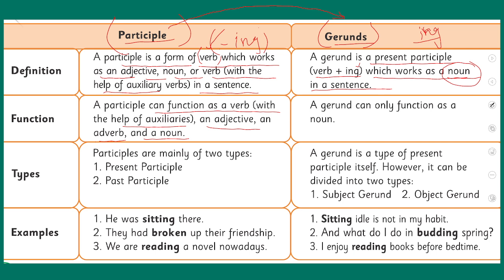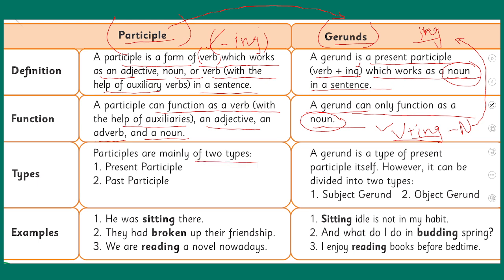But gerunds can only function as a noun, because gerunds are actually those participles which are used as a noun. That's why gerunds are only nouns with ing. Verb plus ing, if used as a noun, becomes a gerund. So this is the function which gerunds perform.